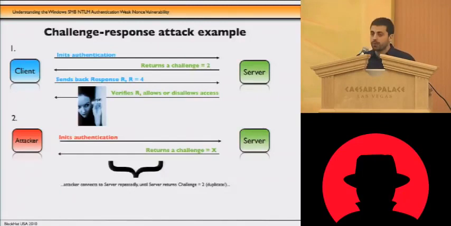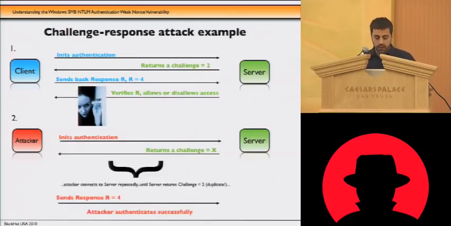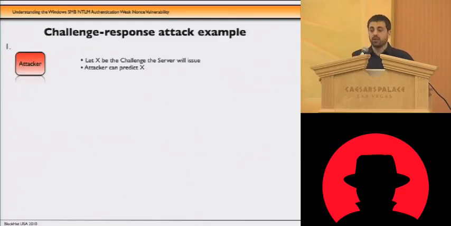The attacker saves that, and then starts performing authentication attempts again and again against the server until the server returns the challenge 2 again, and at that point he replays the response that he has previously and can gain access. So that's the problem that can happen if the server generates duplicate challenges.